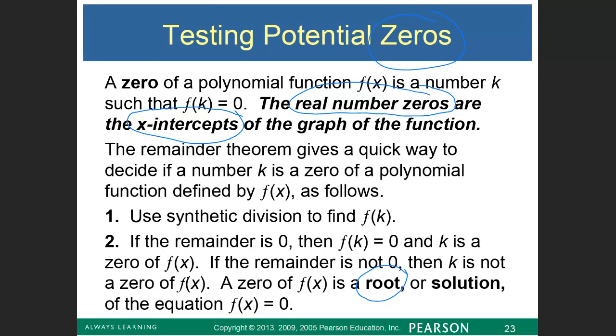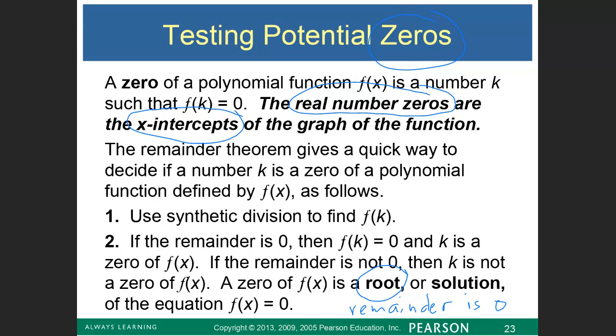Now referring to the word zero, if you remember the remainder on the previous presentation, if the remainder is 0, then that k is a root, the x-intercept of the graph. So those terms like 0, roots, x-intercepts are just the same.